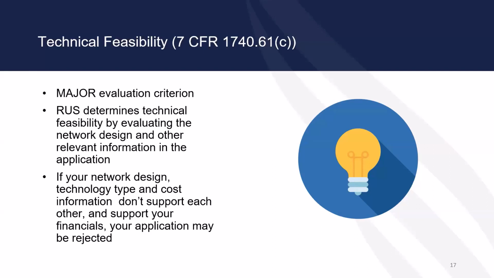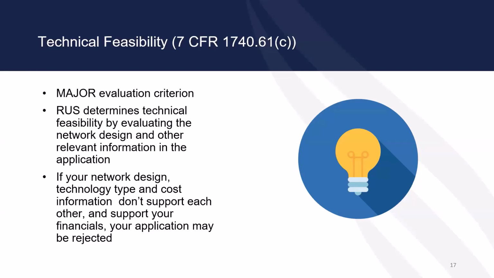If you skimp on this, or you don't provide the detail that we need, technical feasibility could be left lacking, and leaving it out can be detrimental to your application.